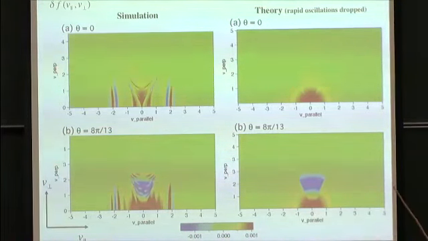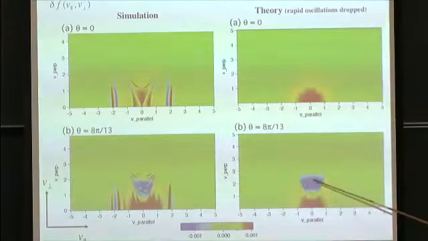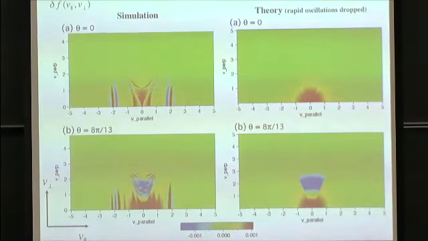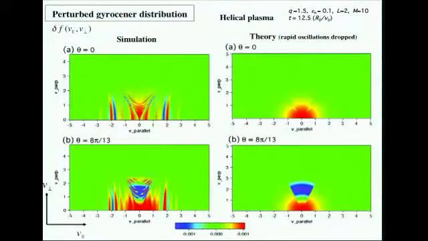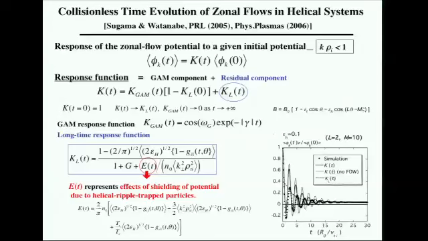That trapped particle radial motion gives this kind of oscillated phase space structure. At this time stage, this kind of dip is found. And this is also well explained by the gyrokinetic simulation result, giving rise to another additional shielding of this residual zonal flow potential.